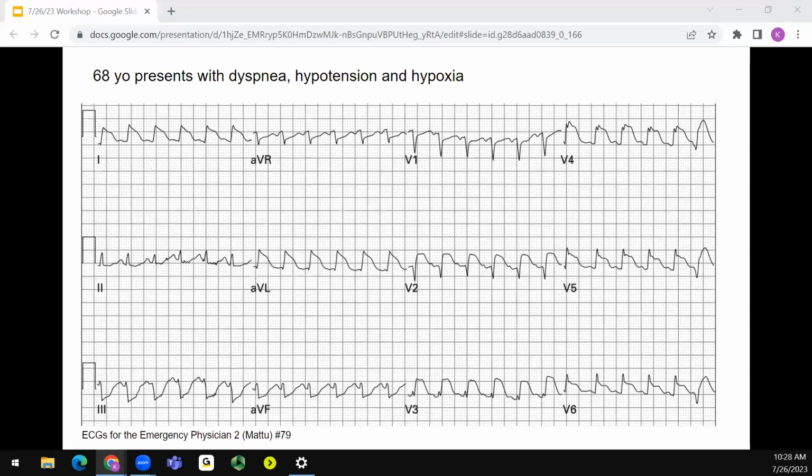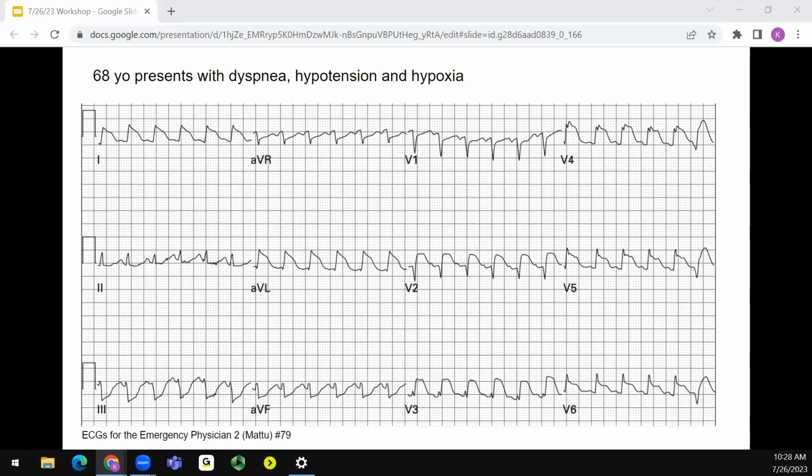What do you guys think? Max says sinus. What makes you say that? We were just looking at V2, V4, V5, V6, all at this speed. Yeah, so this is sinus tachycardia. You can see P waves pretty clearly in V1. They're pretty regular. What's going on here?